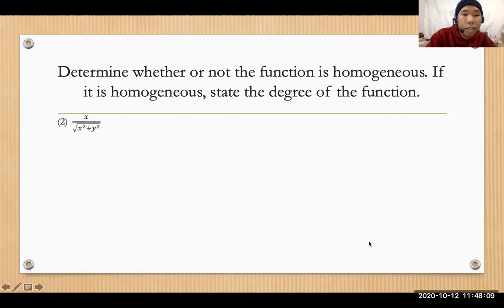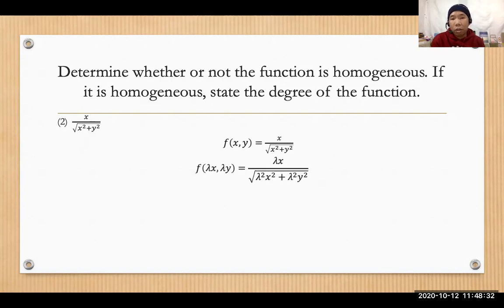Okay, now we have the next example. Determine if this function, x over the square root of x squared plus y squared, is a homogeneous function. So we will replace x by lambda x and y by lambda y. So we just copy the function and apply lambda x replacing x, lambda y replacing y.